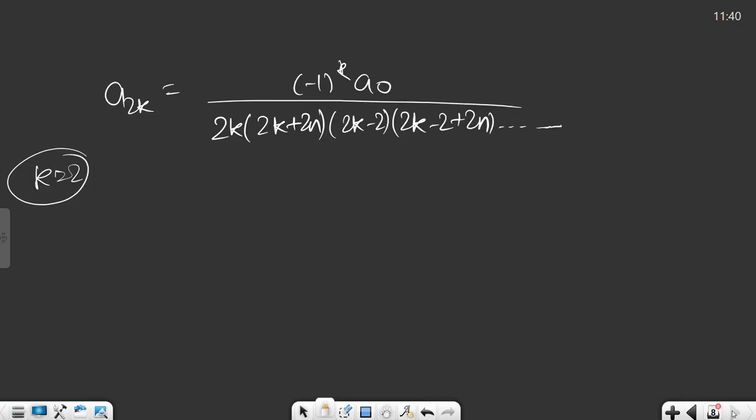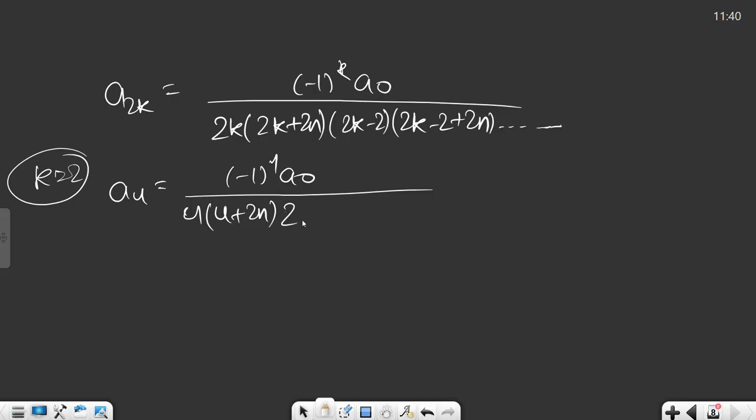So when you plug k equals 2 here, a sub 4 becomes negative 1 to the fourth, a naught over 2 times 2, that is 4, and this is 4 plus 2n. I'm sorry guys, this is 2 times 2 plus 2n, and that's it, because we don't need to go further, we just have two terms.